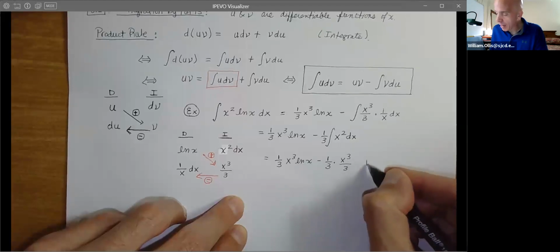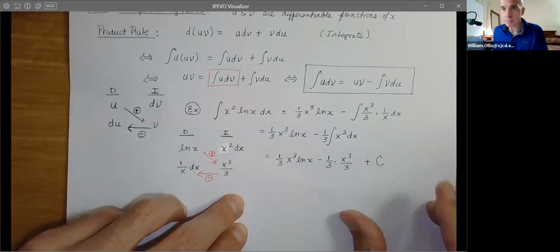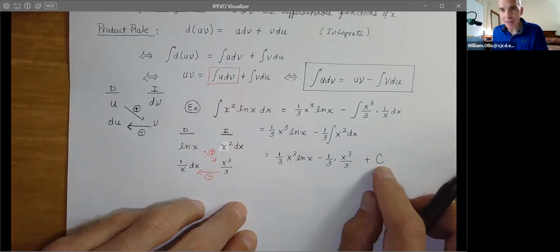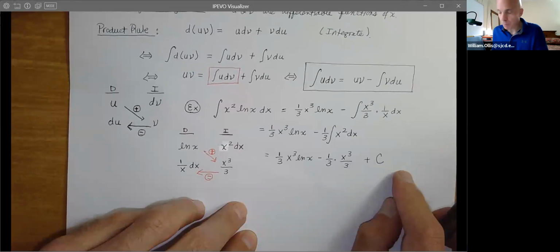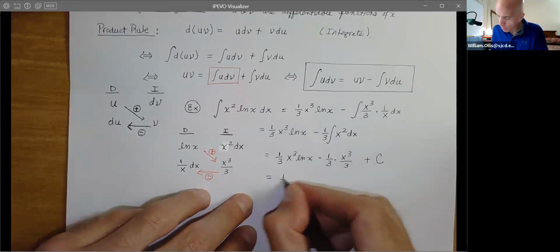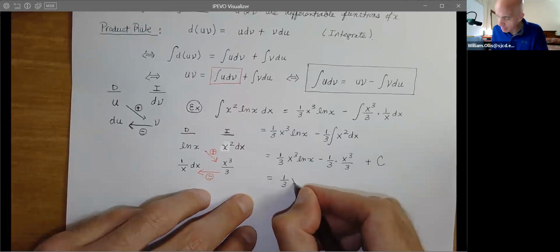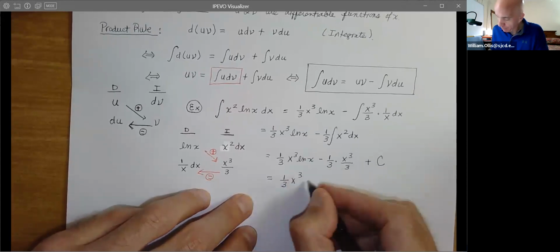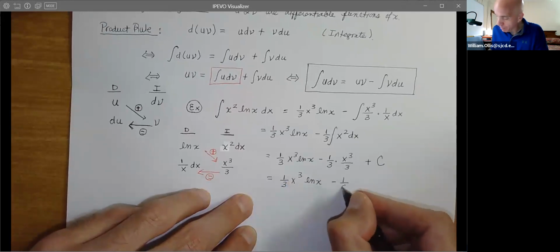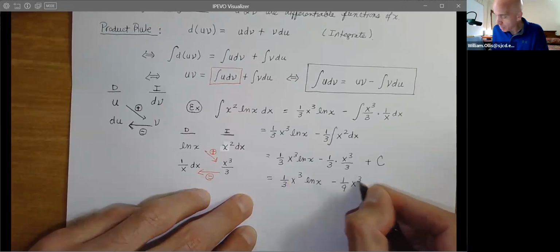And now we can add the arbitrary constant. So don't worry about it here. Just add the constant as a final measure, and then we can reduce this a little bit. You can always factor these, but for now, just leave it as it is. And then we get minus 1/9 x cubed plus c.